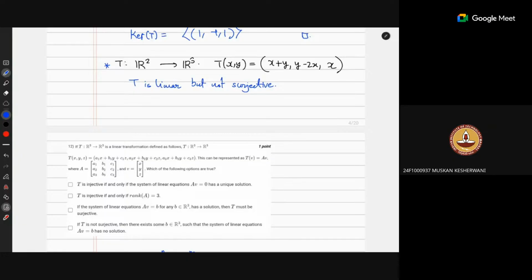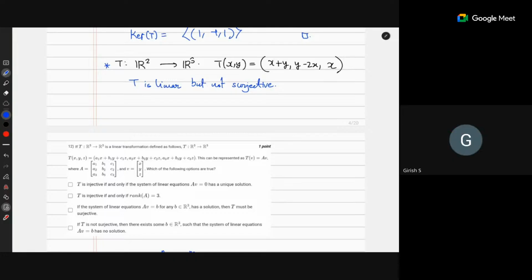And then we can check if nullity is 0 then injective, otherwise surjective. If nullity is 0, then injective. Otherwise, no, it doesn't work. Nullity is a property of the domain. Basically both of them are properties of the linear transformation, but it is not like that.